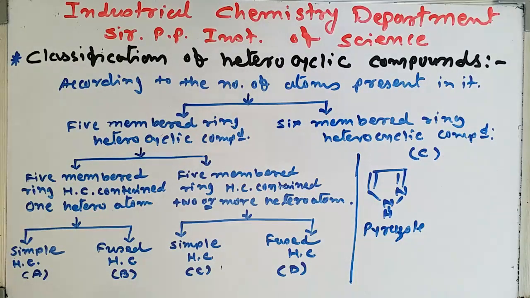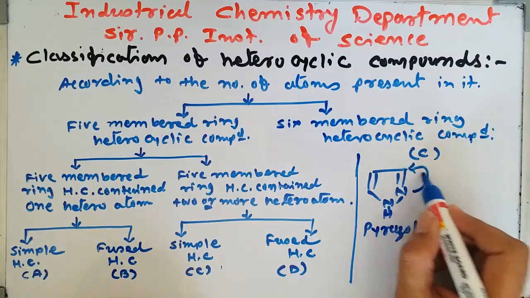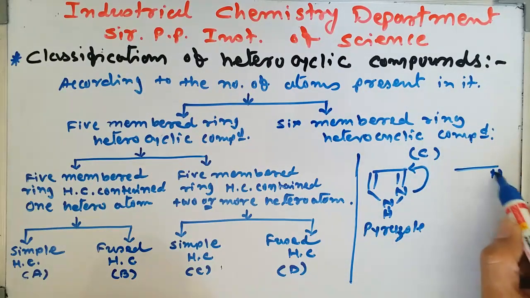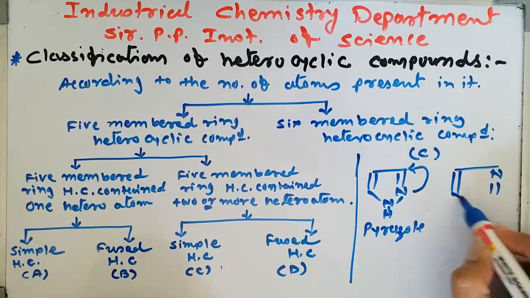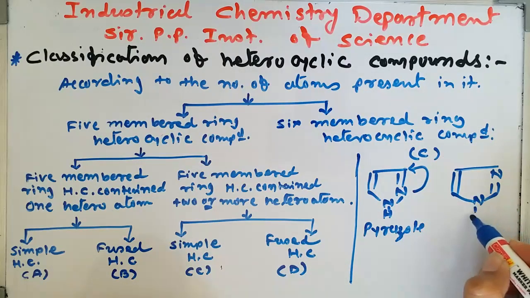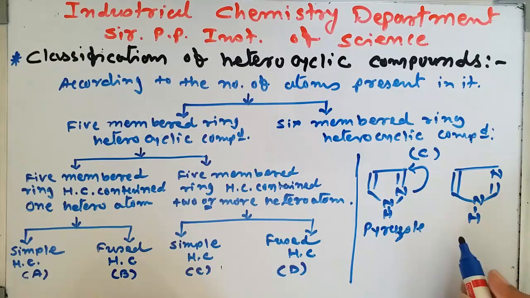Here we see two nitrogen atoms are heteroatoms. So it is C, simple 5-member ring heterocyclic compound containing two heteroatoms. If the position of this nitrogen is transferred into this position, then our compound is known as imidazole.